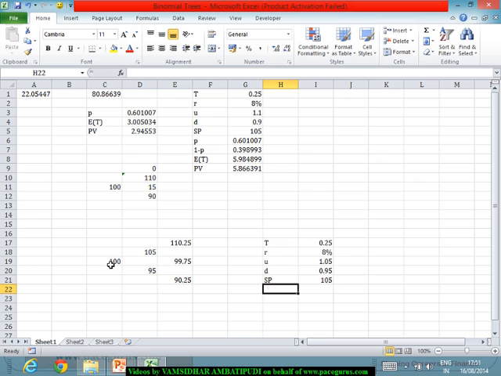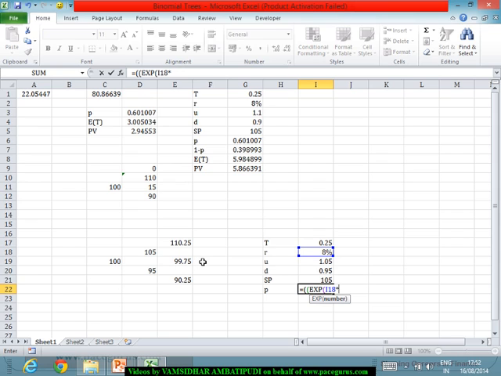But this time when I look at the probability of up movement, I need e power rt, e power r, and this time t is one single value for each time period.